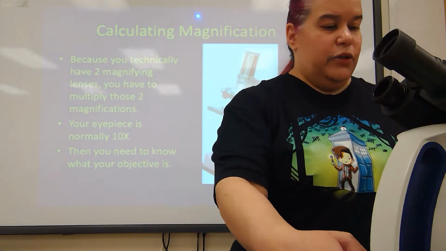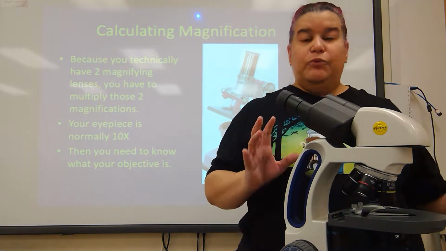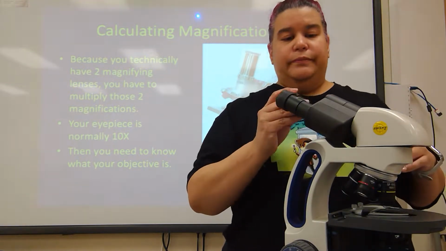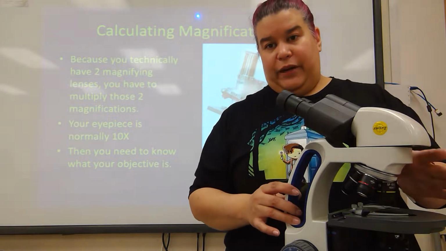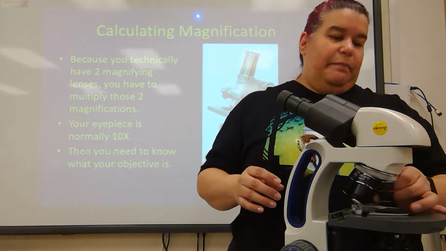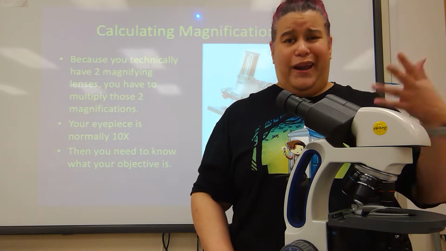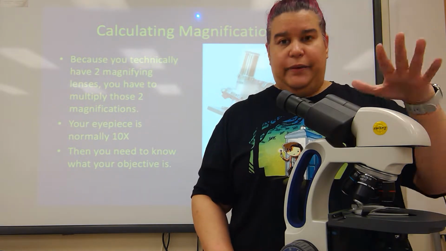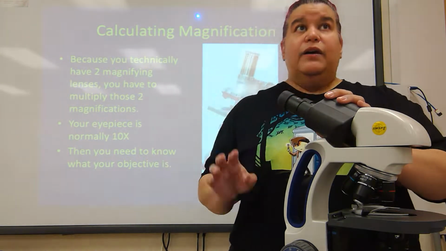So when you are using a microscope, you technically have two lenses that are magnifying. You have the objective down here that is magnifying based on whatever that number is, so 10x, 4x, 40x, etc. But these oculars also magnify.